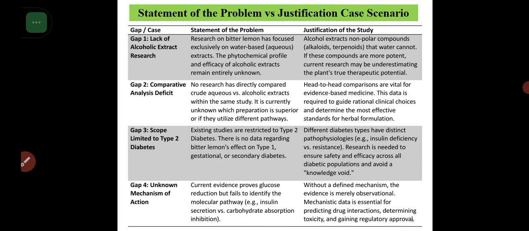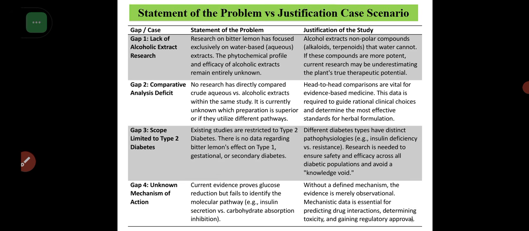Current evidence proves glucose reduction but fails to identify the molecular pathway, for example, insulin secretion versus carbohydrate absorption inhibition. Now looking at justification of the study, I want to justify that. Without a defined mechanism, the evidence is merely observational.